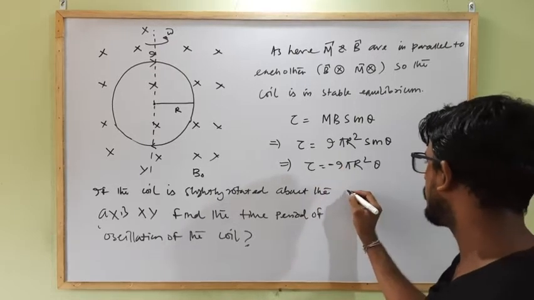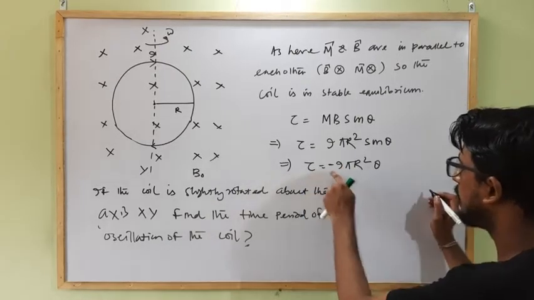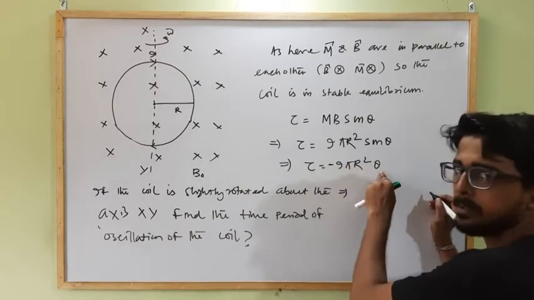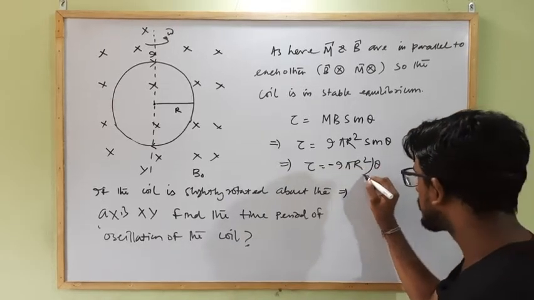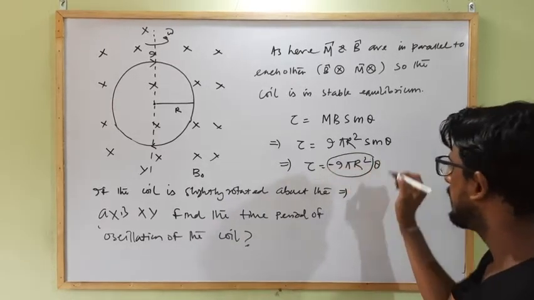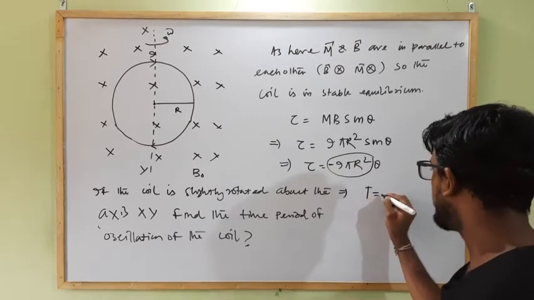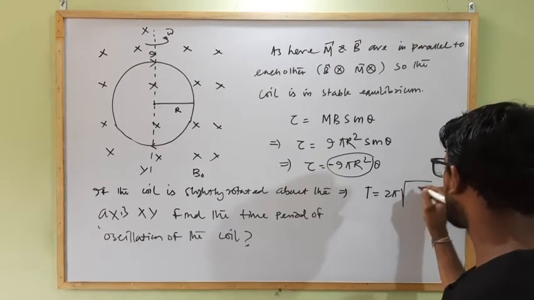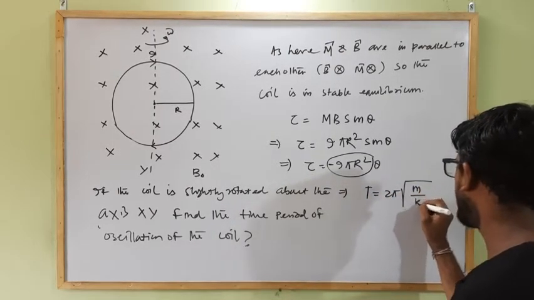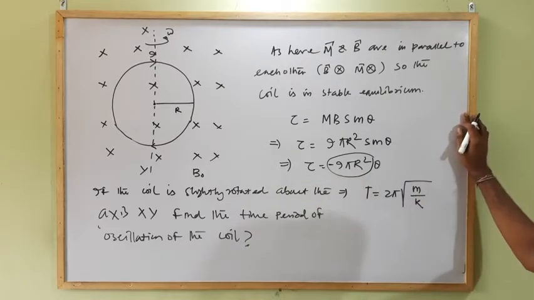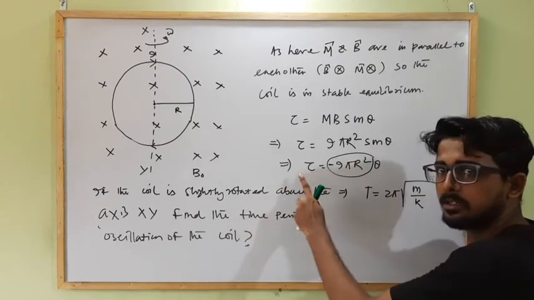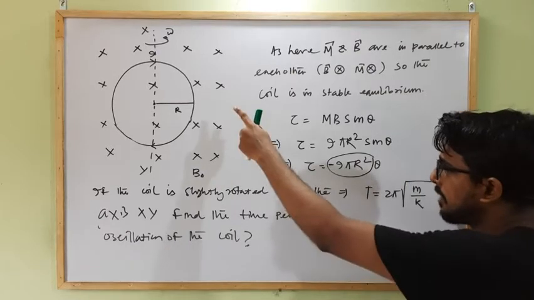So from this we get F equal to minus k into theta, where k is the torsional constant. So the time period is given as 2 pi under root m by k in linear oscillation, but this is an angular oscillation.